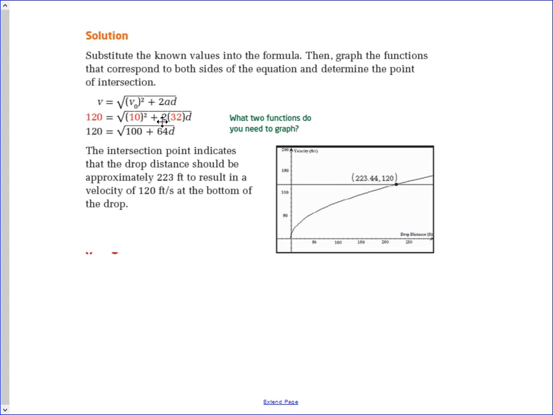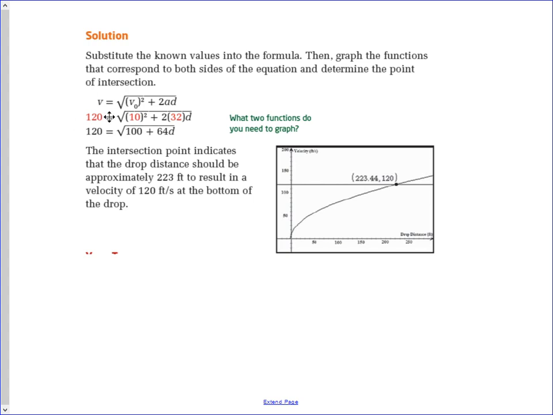So the square root of 100 plus 64x minus 120. Graph it, and you find the answer where it crosses the x-axis.